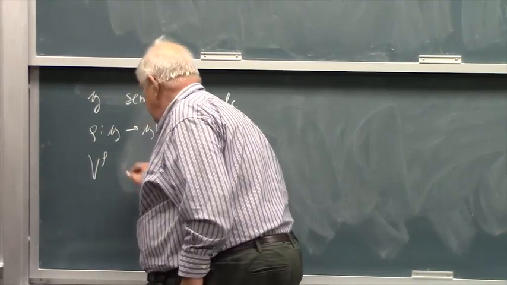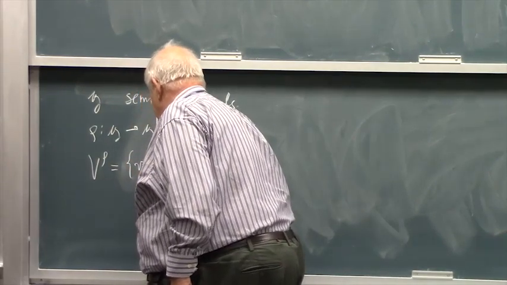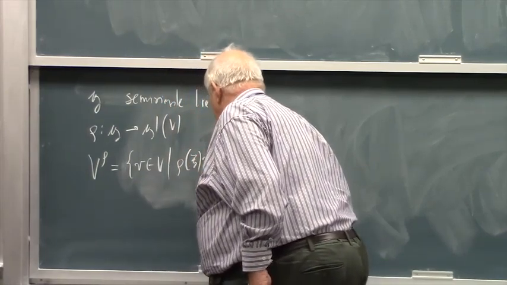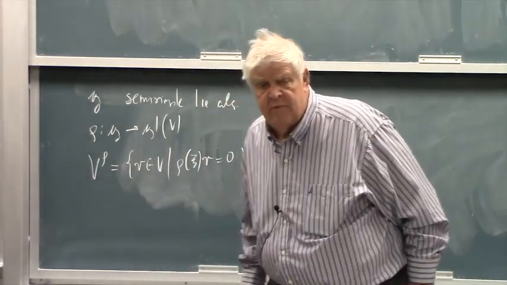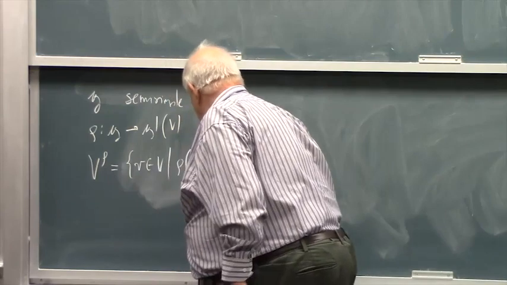V super rho is the space of invariants: elements of V which are annihilated by every element of g.